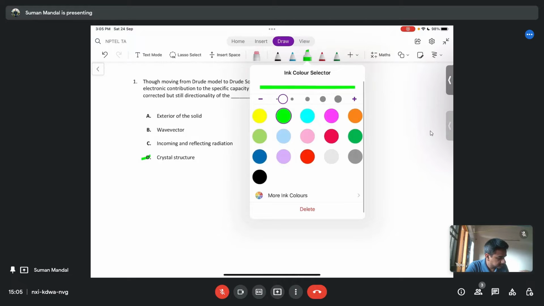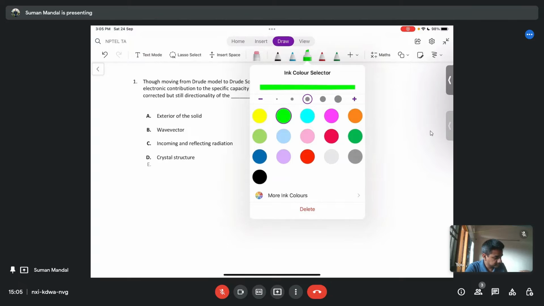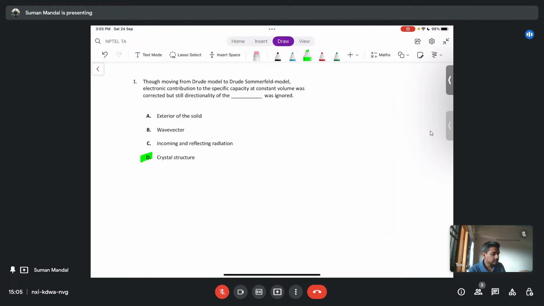So both the Drude model and the Drude-Sommerfeld model are free electron models.